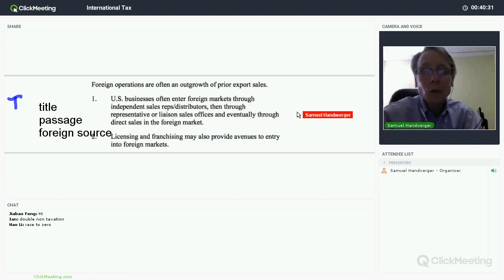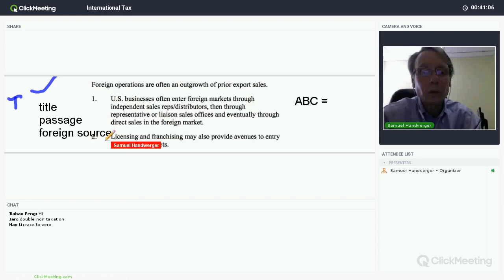Question becomes, what if the U.S. business is doing this through independent sales in the foreign country? What about the foreign country, ABC? In other words, on this side of the ledger, over here, when it comes to the U.S., it's one thing to say it's foreign source, but it's still subject to U.S. tax.